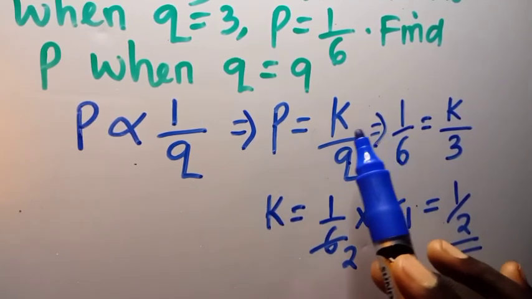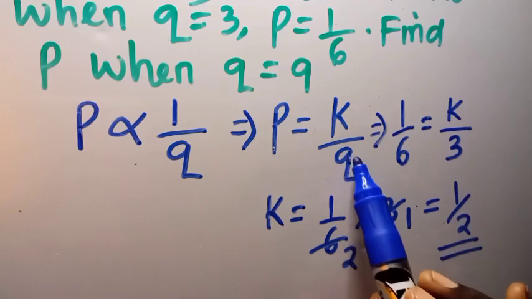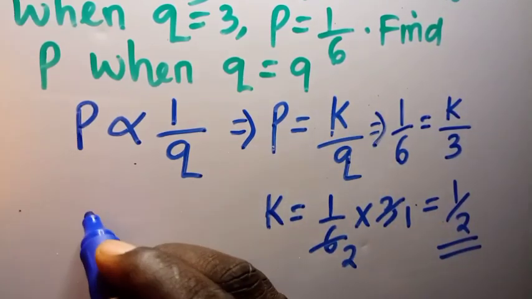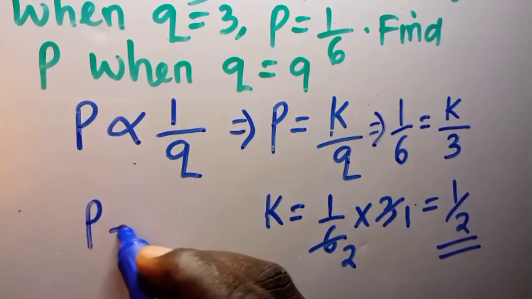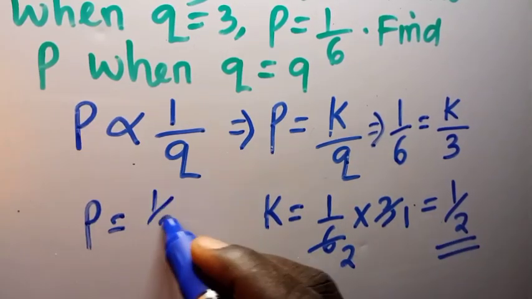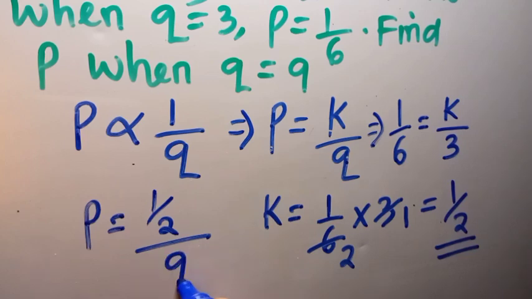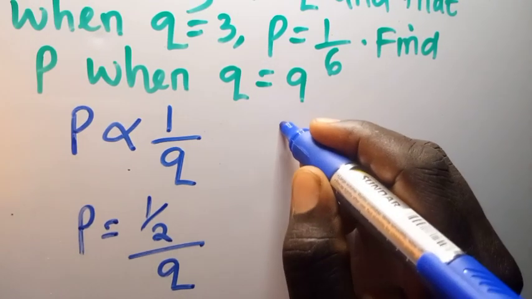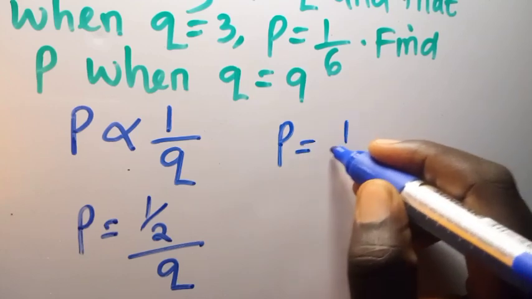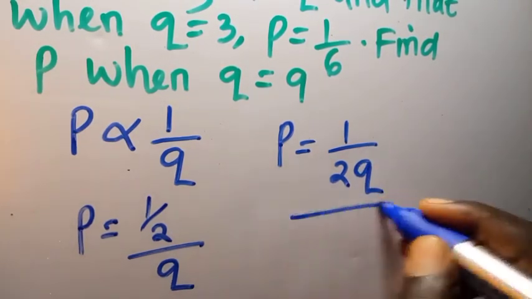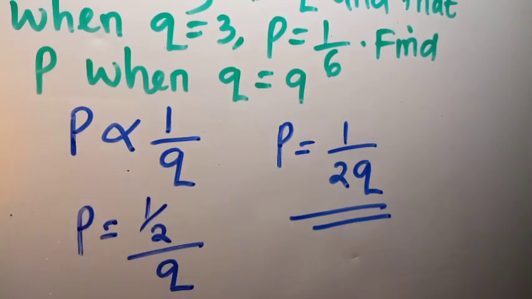Now, if I write the equation connecting P and Q, I will substitute K, and therefore P equals a half over Q. I can write P equals 1 over 2Q. I can write it that way.